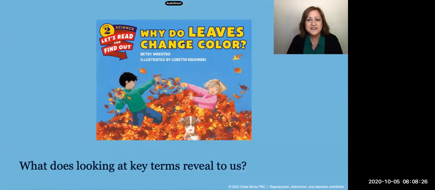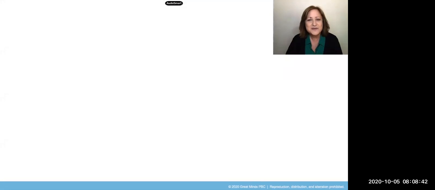Key terms in informational text are important words in informational text. Today we'll be investigating key terms to see what they reveal to us about the big ideas in this scientific text. Today you're going to become an expert on how change occurs inside and outside leaves.